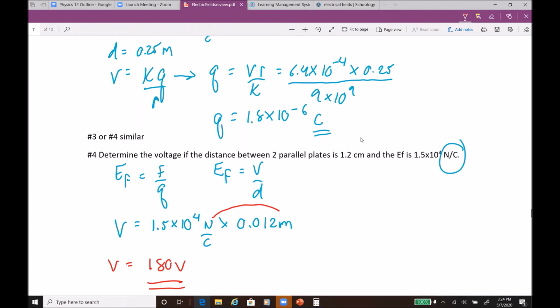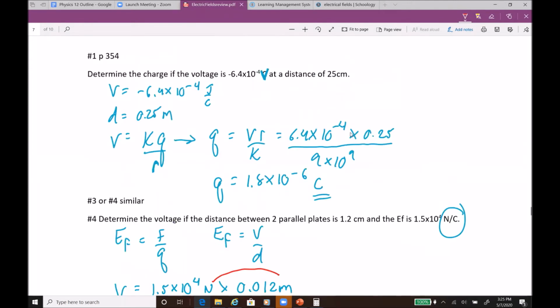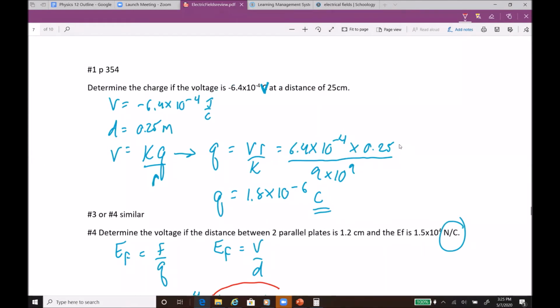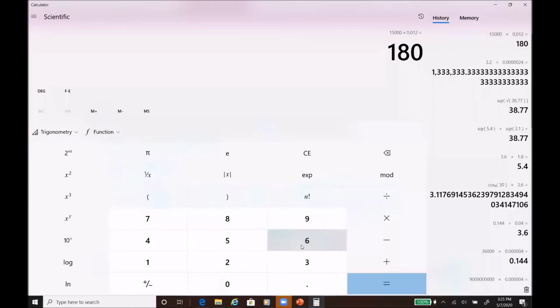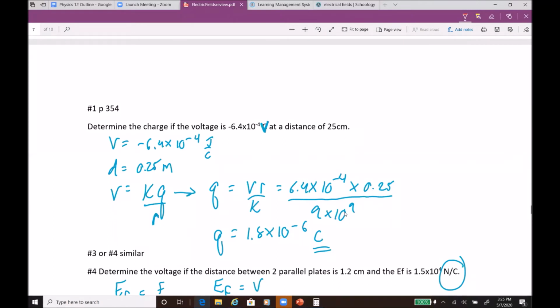The previous question is minus 14. Is it minus 14 in the question, page 354, number 1? Oh, for the answer. Yeah, that would make a lot more sense.